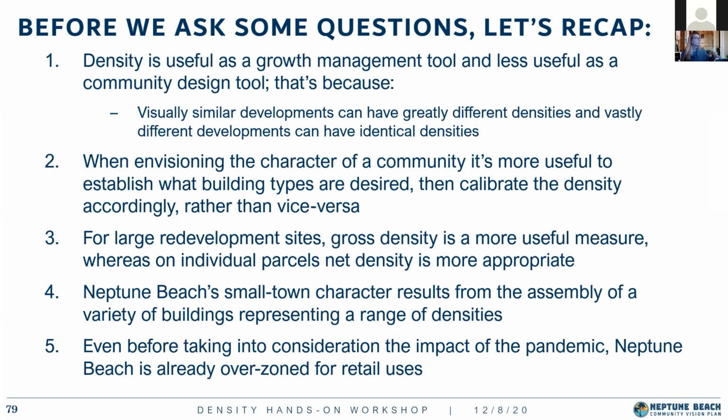And it's part of what makes Neptune Beach so interesting, eclectic, and unique from the neighboring communities to the north and the south. And then the last point is that even before taking into consideration the impact of the pandemic, Neptune Beach, like most of America, is overzoned for retail uses already. So when we're thinking about what to do with current and future redevelopment sites, it's something to keep in mind.